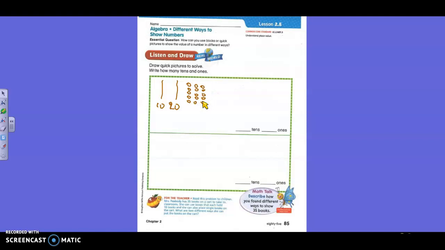I put them in groups of 1. Now let's see that. So 20 plus 5 would be 25, right? 5 more would be 35, and 5 more than that is 40. Well, then that's not going to work, is it?